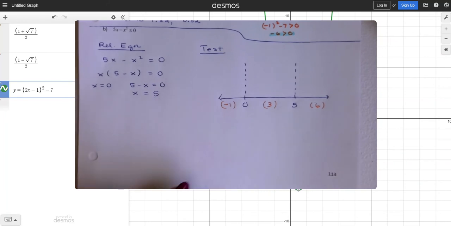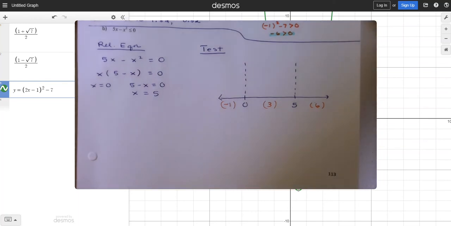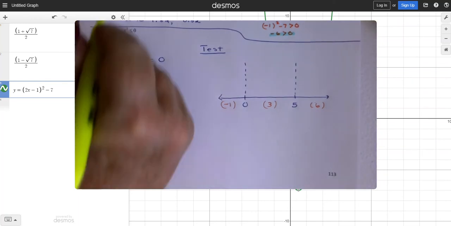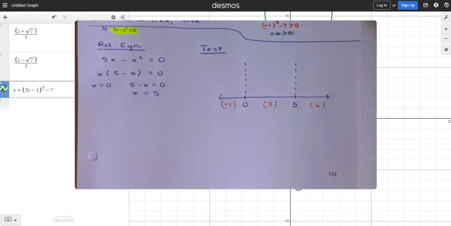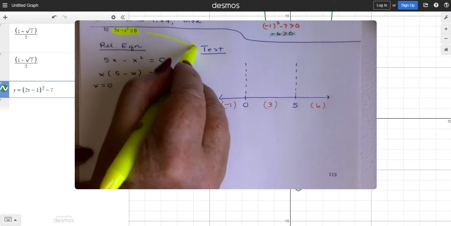All right, so I'm going to go back to my original inequality. That's what I'm testing. That's what I'm trying to decide whether it's true or false.